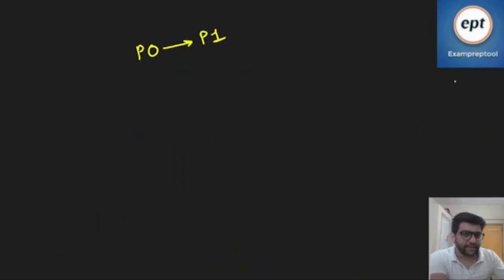The P1 process was waiting for the mutex M1 and then it is waiting for the mutex M2. However, this M2 resource has been locked by the process P2.